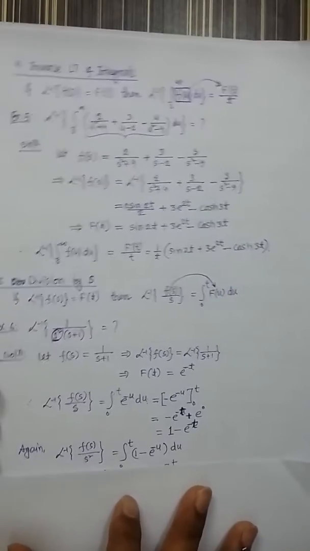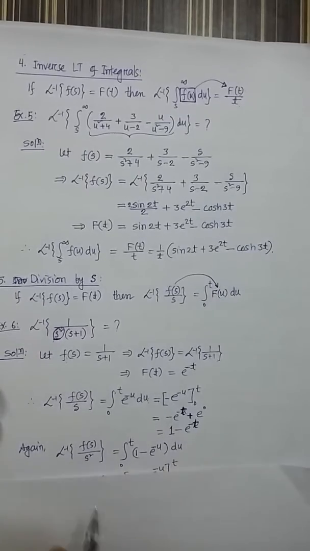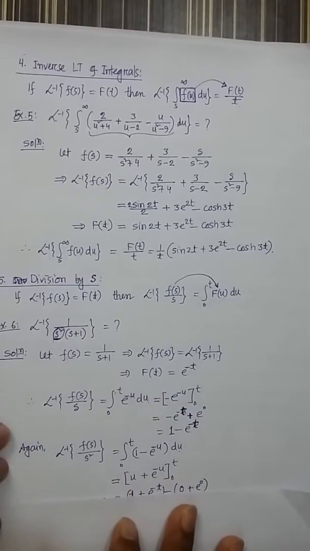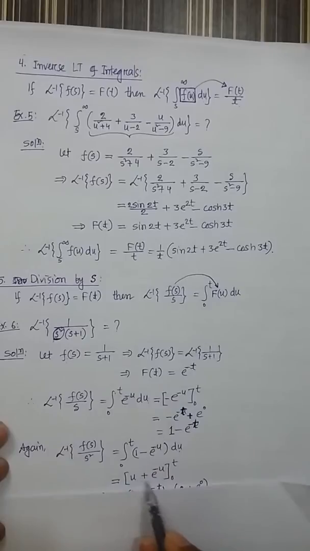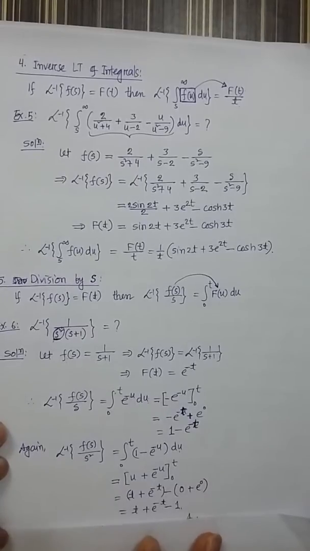So again we can write L inverse of f of s by s square as the integral from 0 to t of 1 minus e to the power minus u du, where I have written u instead of t. Now integrating this, we get u plus e to the power minus u, with limits of integration from 0 to t. So accordingly you will get this, and this will be the answer.